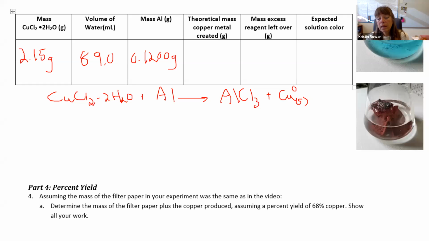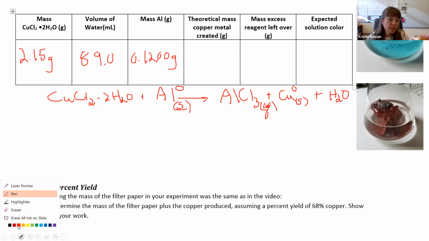And remember, all elements have an oxidation number of 0 in their elemental state, and that means they have not yet lost or gained electrons. Same thing with the aluminum over here. Here's a solid. This is aqueous. And then we also have our waters that were kicked off. Let me change my color because red is not the prettiest color.